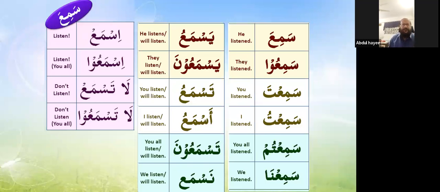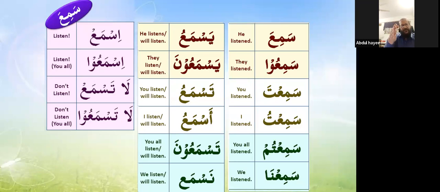Now I will point. Please, you all reply. One finger right. Samia, he listened. Four fingers. Sami'u. One finger, Sameta. Sametu. Four fingers, Sametum. Samena. One finger up, right, Yasmau. Four fingers right, Yasmauna. Front one finger, Tasmau. To self, Asmau.